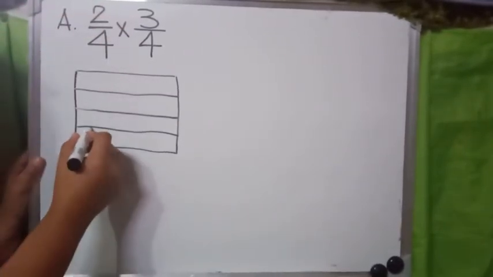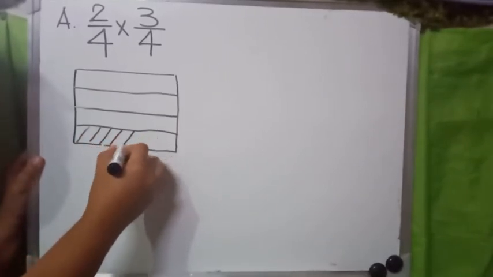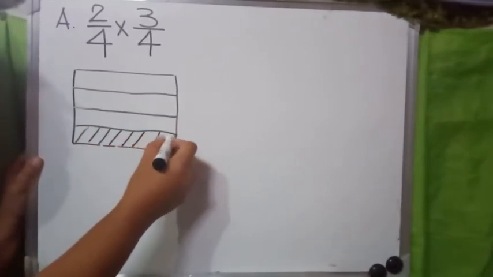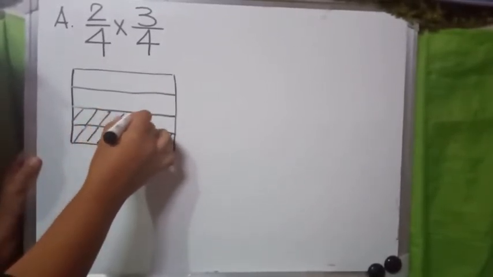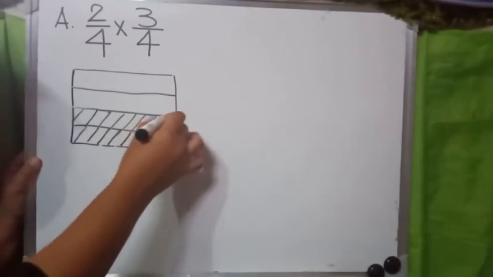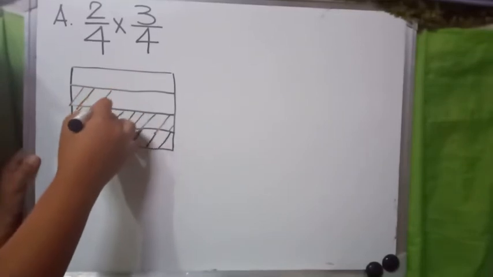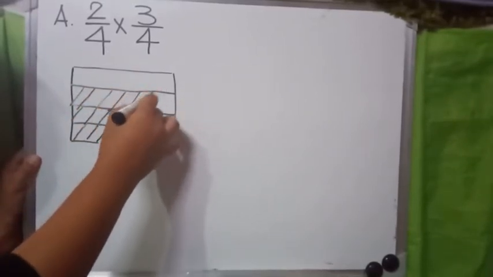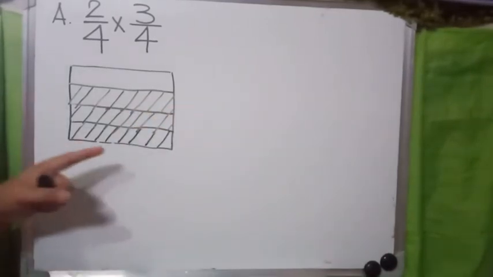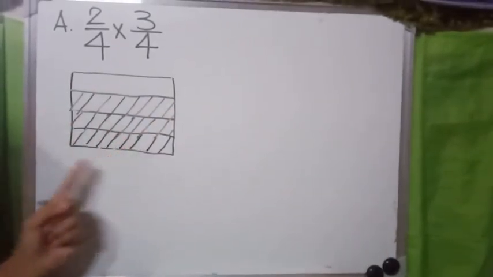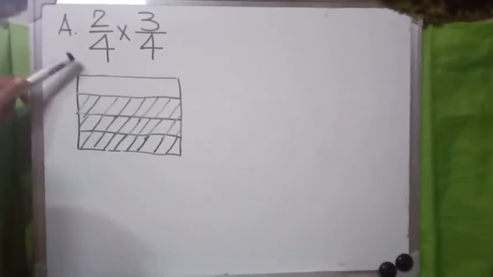So we need to shade 3 parts: 1, 2, 3. Okay. Now that we have shaded the 3 parts of our strip, look at your first fraction.